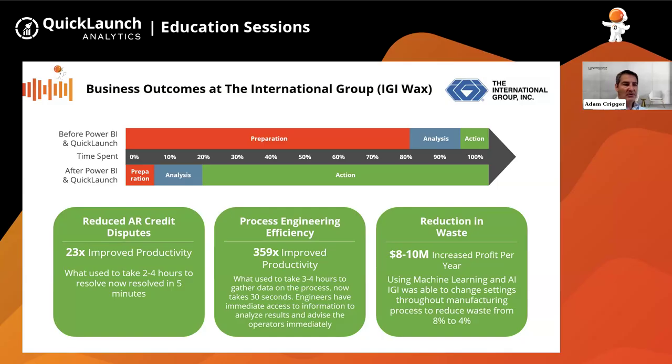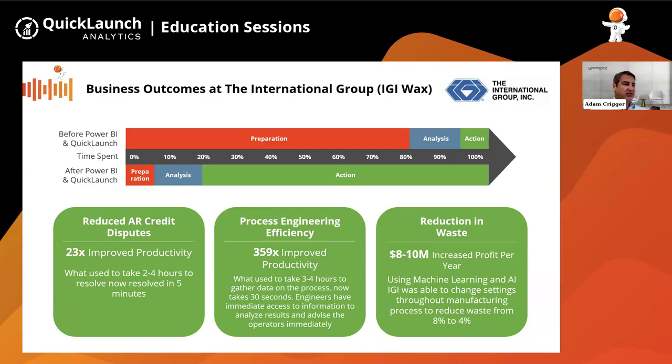And then the one on the first to the right is super exciting, because by partnering together and getting them going with QuickLaunch Analytics, we were able to get all their ERP content resolved and set up in that stage within a normal 10 to 12 weeks over their ERP.